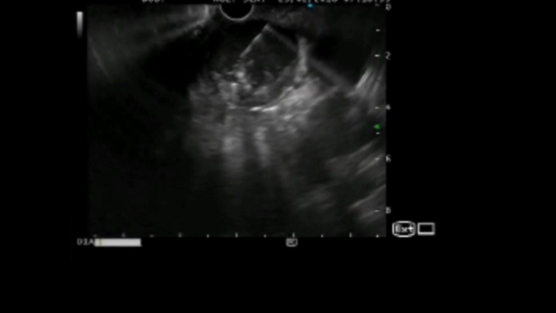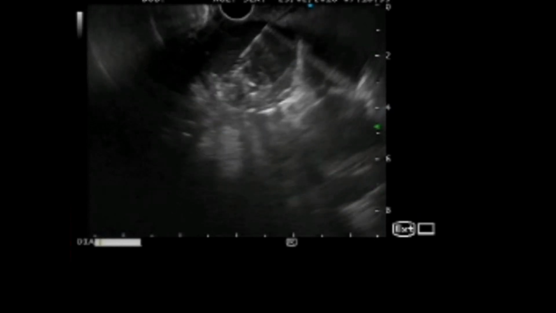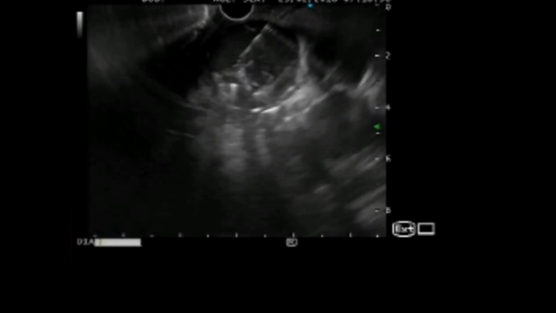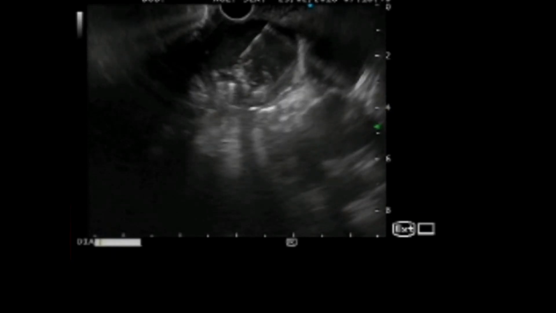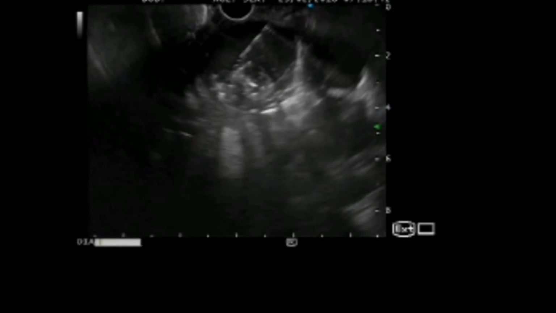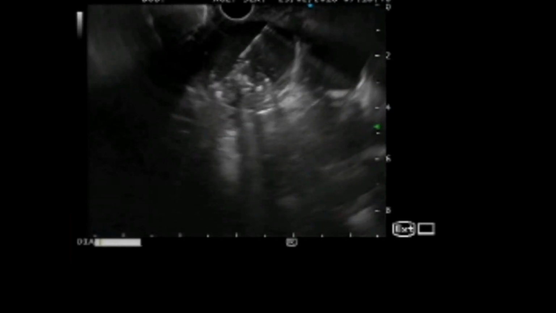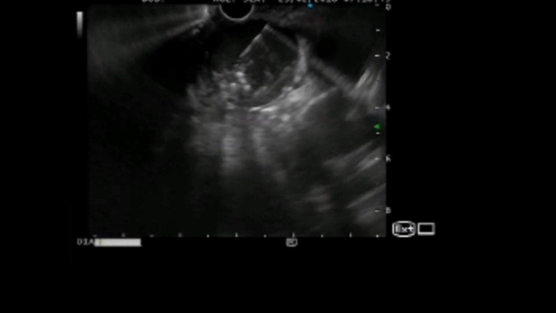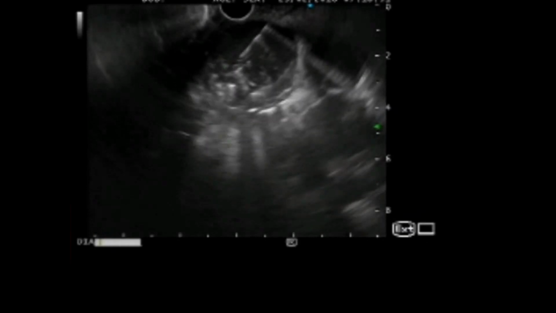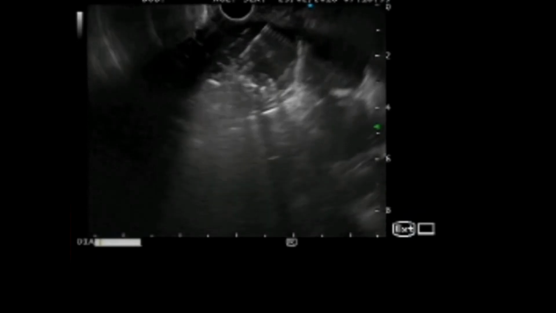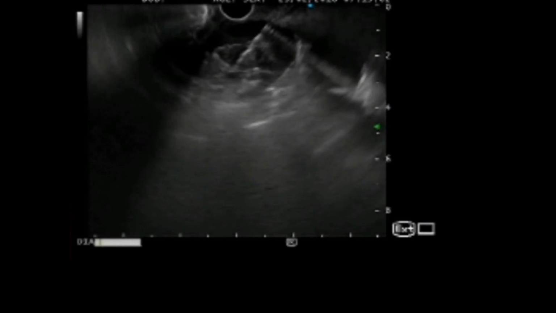Now you gently inject this, and you can see it is forming hyperechoicity, and you can appreciate the same under fluoroscopy, how beautifully it is filling.